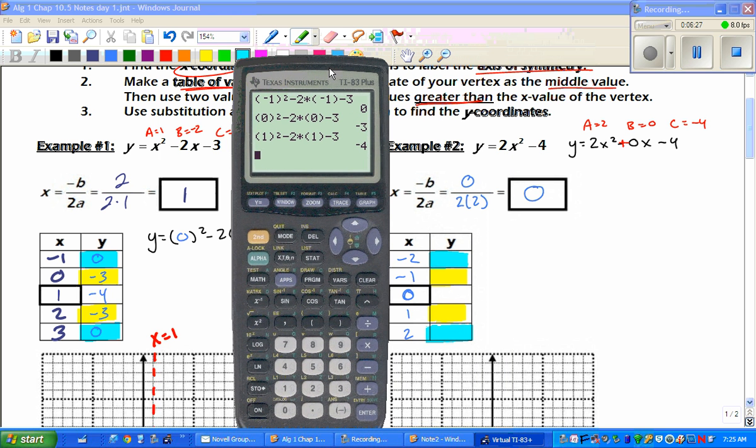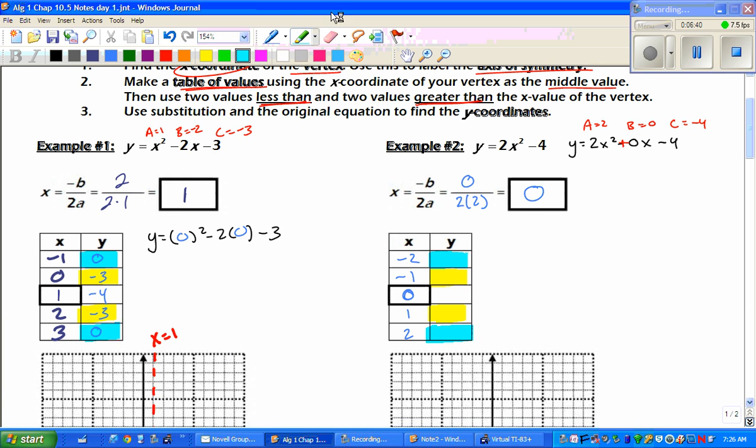We're going to graph both of these at the same time. But let's just go ahead, and I'm going to use the original equation to plug stuff in. So we got 2 times 0 squared minus 4 gives me negative 4.